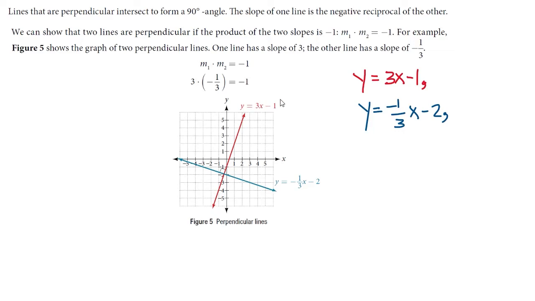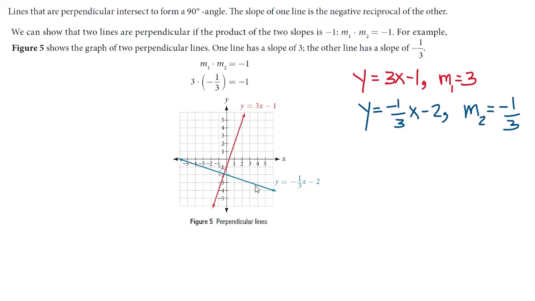So in this example, we have the line y equals 3x minus 1, so the slope here is positive 3, and in the second perpendicular line, y equals negative 1/3 x minus 2, so the slope here is negative 1/3. Let's call 3 slope 1 and negative 1/3 slope 2.